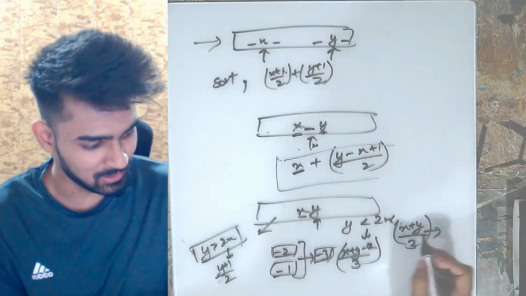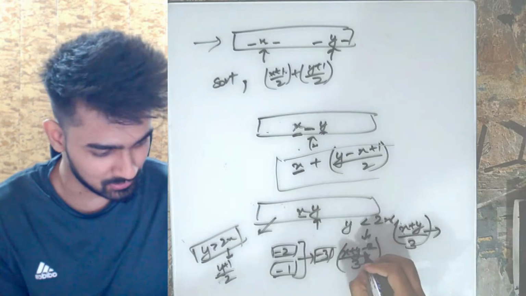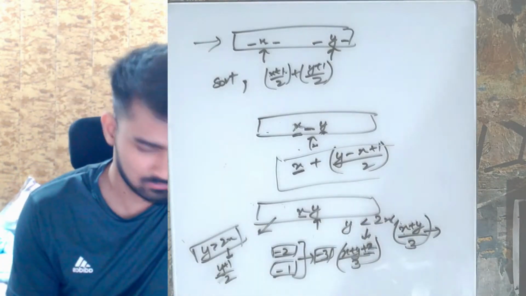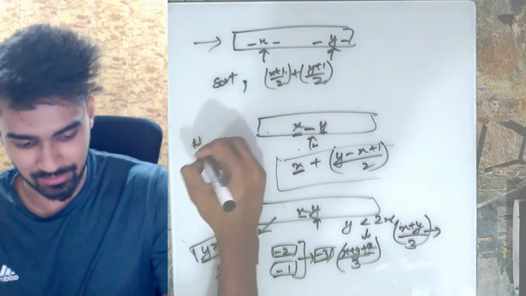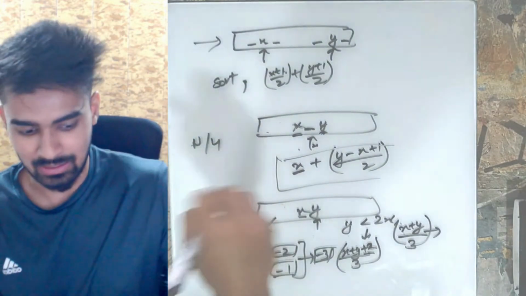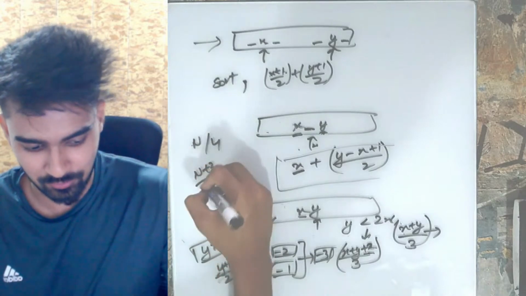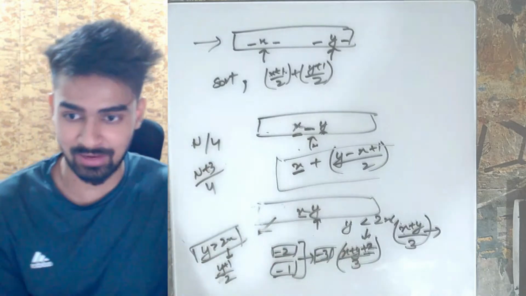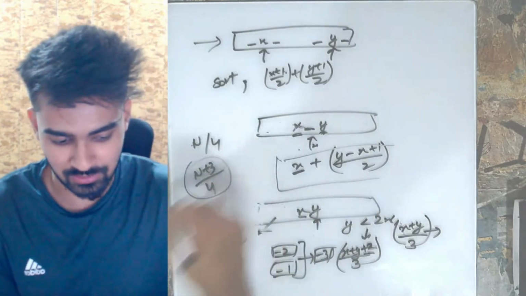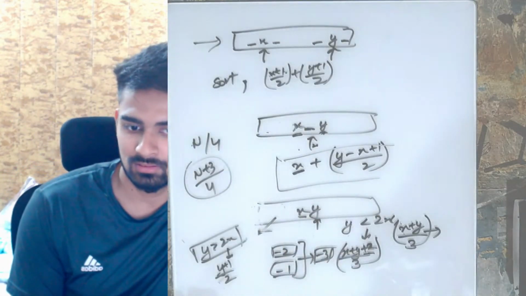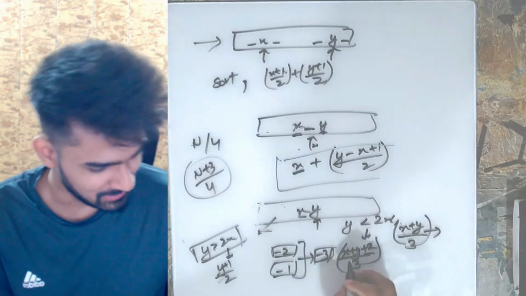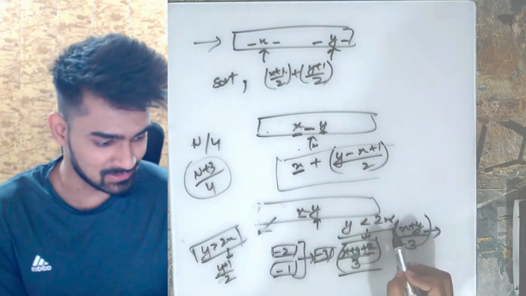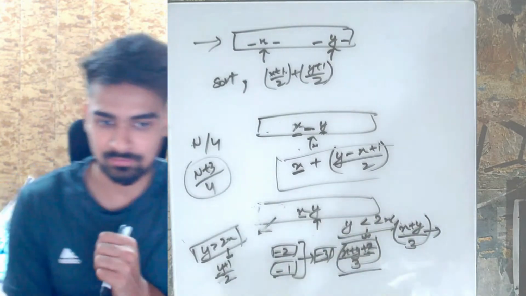But since you might still be left with some remainder, you need to add 2. Similarly, to divide n by 4, the best way is (n plus 3) by 4, so that if some values were left as a remainder, they are also covered. So (x plus y plus 2) by 3. That is how you get this. So if y is less than 2x, then you have to do (x plus y plus 2) by 3. That's it.